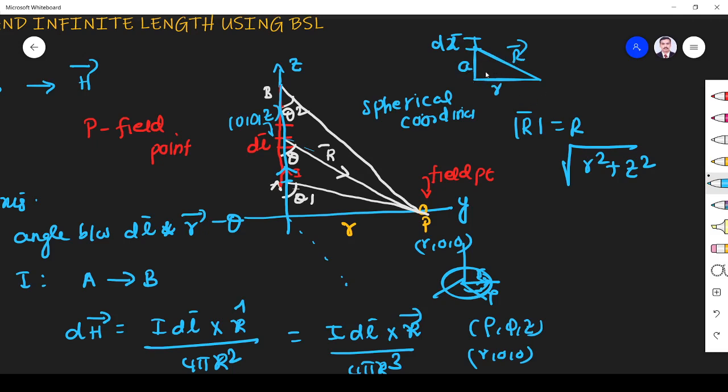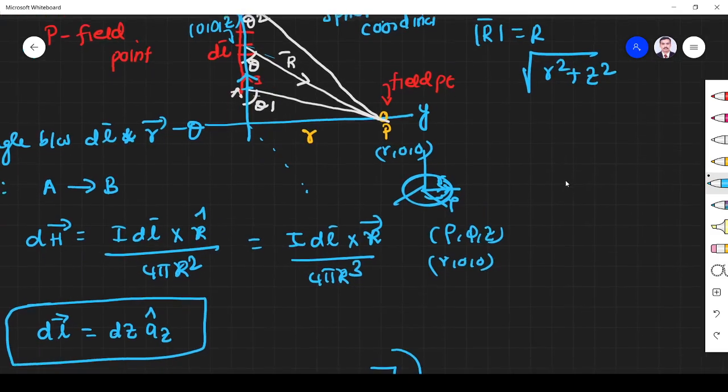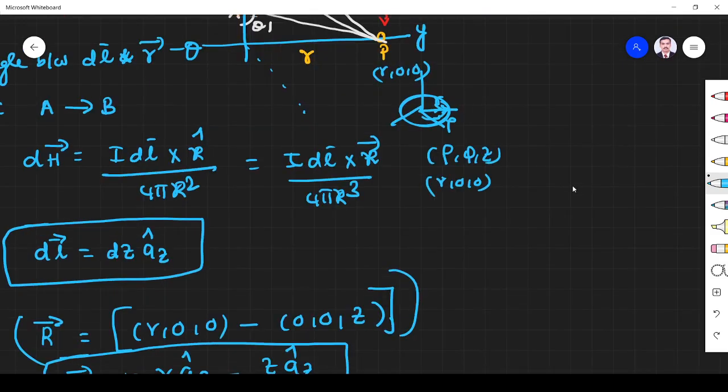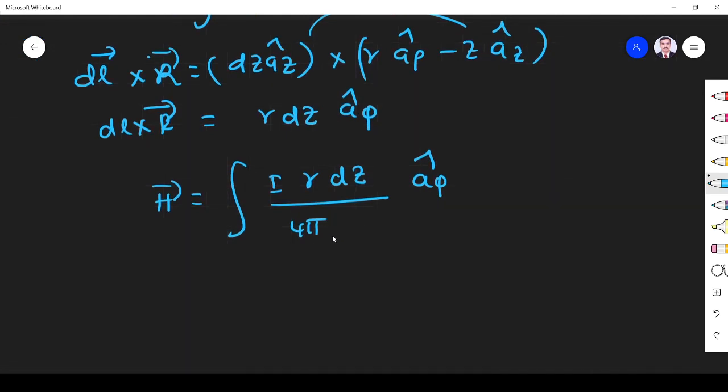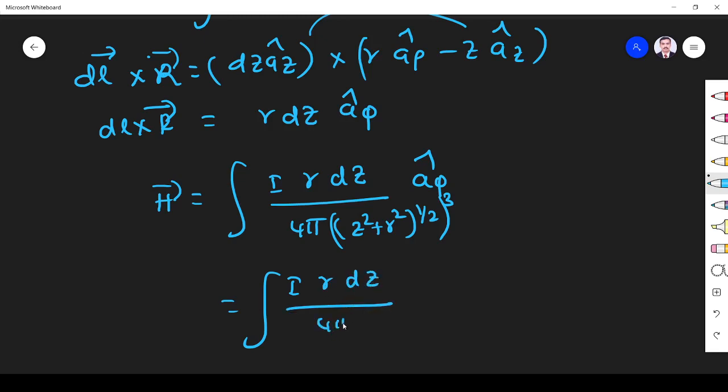Hypotenuse is equal to root of adjacent squared plus opposite squared, right? So R is root of z squared plus r squared. R cube I want. R is equal to root of z squared plus r squared, root I write as 1 by 2, R cube, so cube. So that will be I r dz divided by 4 pi, r squared plus z squared to the power 3 by 2, a phi.